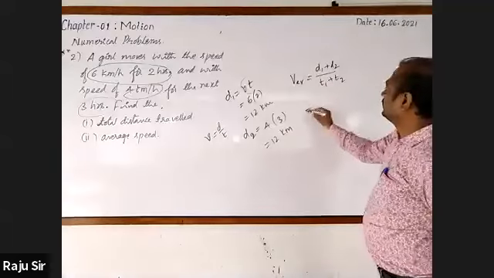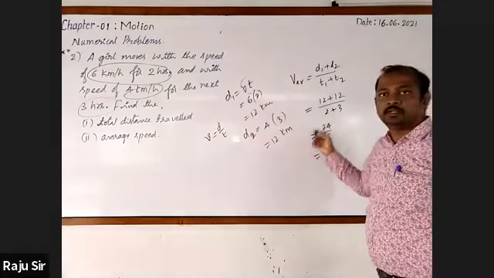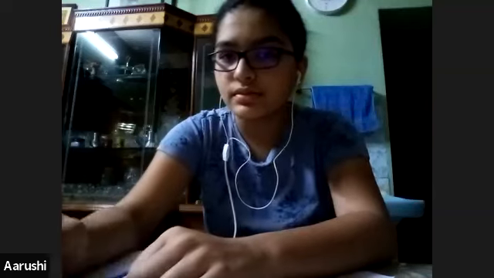What is total distance? 24. Total time? 5. 2 plus 3. 24 by 5. Can be simplified. Understood? Yes, sir. No, sir. Go on writing it.